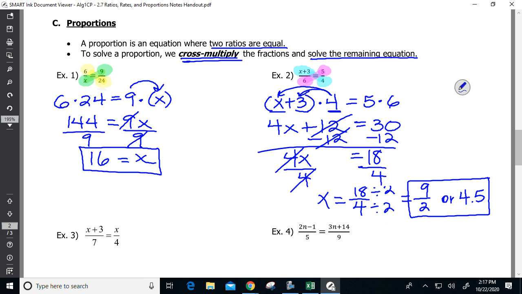So, don't sleep on that. You might get told, leave your answer as a fraction. That way, you got to know how to give it as a fraction. We've dealt with fractions before. We don't run from fractions around here.